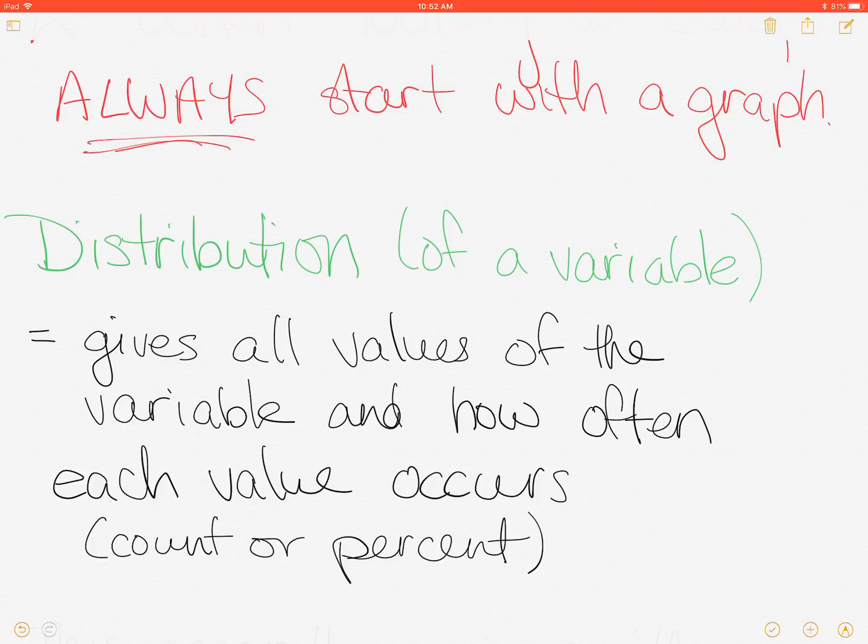Or I could say 30% of my shirts are black and 70% are white. That's count, actual numbers, versus percent, part of the whole. So a distribution gives all the values your variable can take and how often they take them.